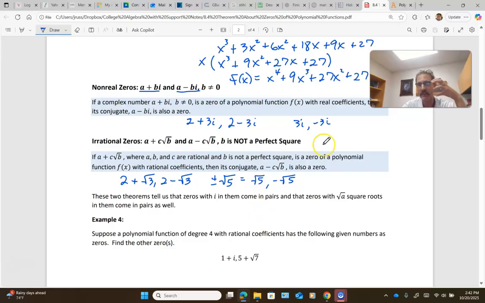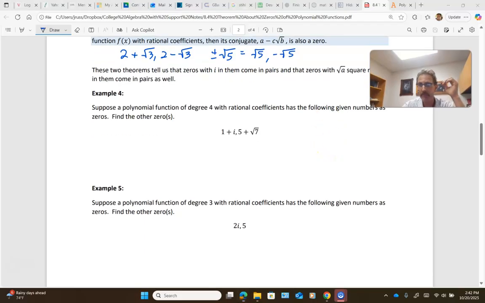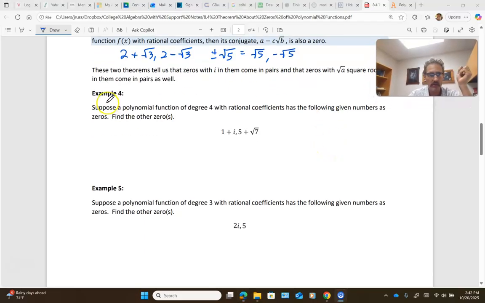All right, now having said that, let's look at example 4. It says, suppose we have a polynomial function of degree 4 with rational coefficients, and it has the following given numbers as zeros.